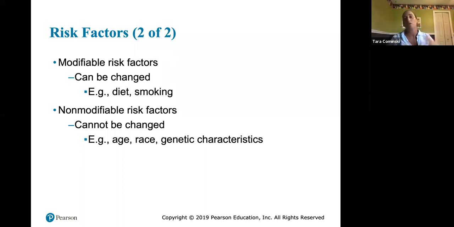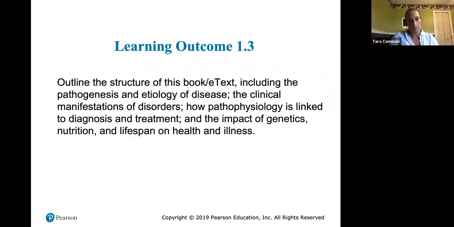So these are all things you think about when you have a patient with a disease and you have to counsel them and tell them what they need to do to be healthy. You have to consider so many different things, and some of these risk factors are things you would consider. All right.